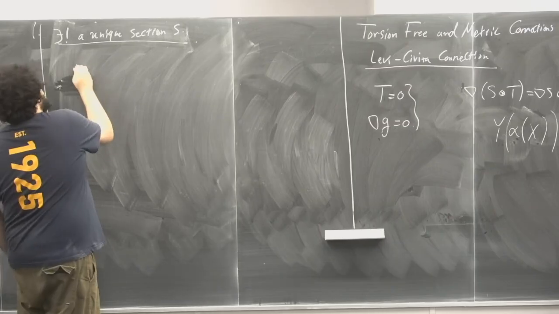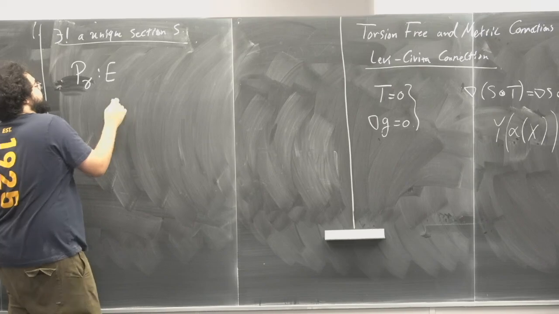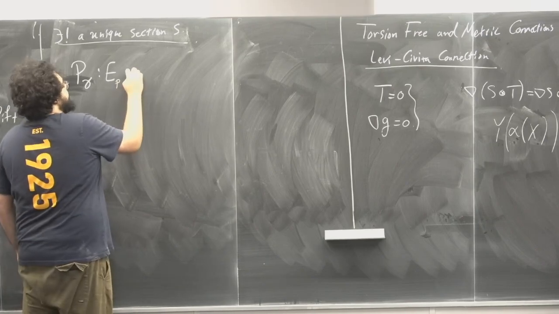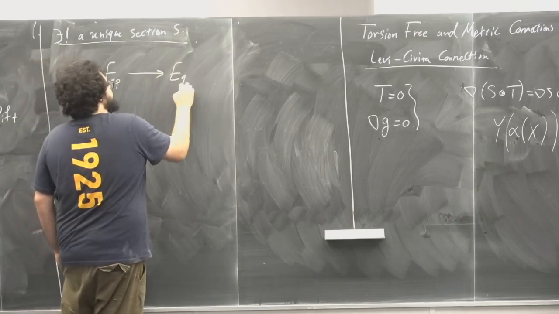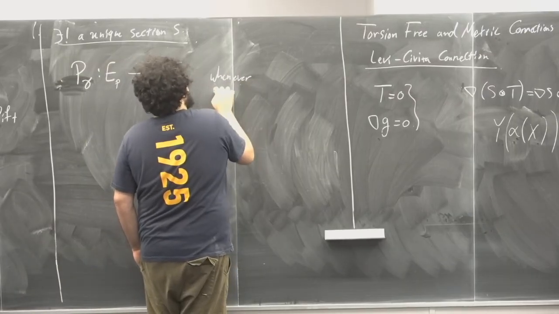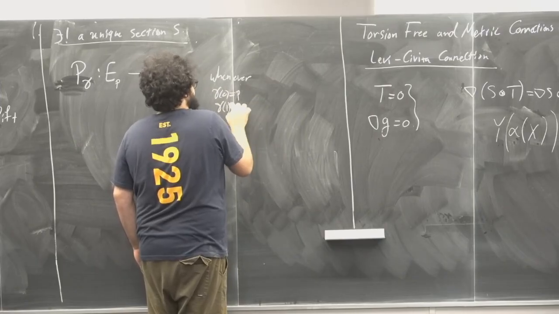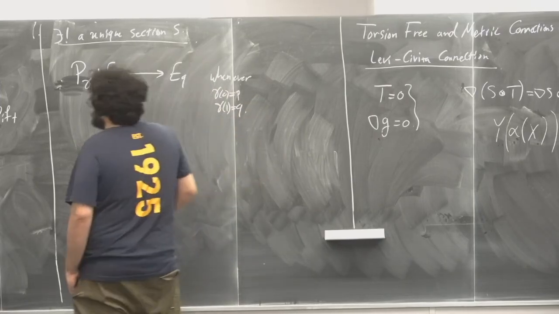So we have this map P gamma that goes from EP to EQ whenever gamma of 0 equals P and gamma of 1 equals Q.